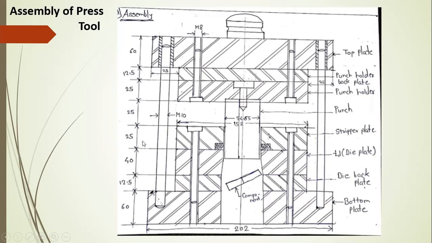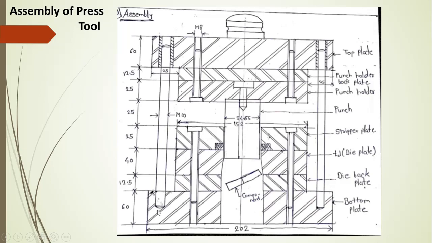These are the dimensions we calculated, and a very important dimension, from which we calculate this whole dimension, is TD, that is the die plate dimension. By that calculation we get the length of the die plate, that is 152.